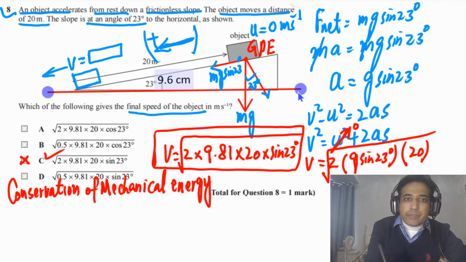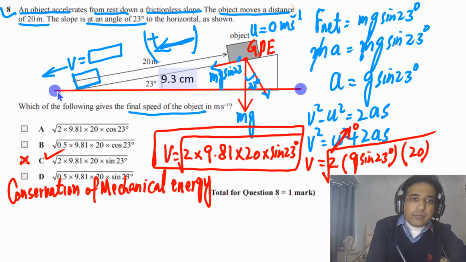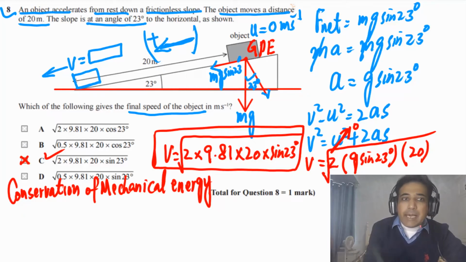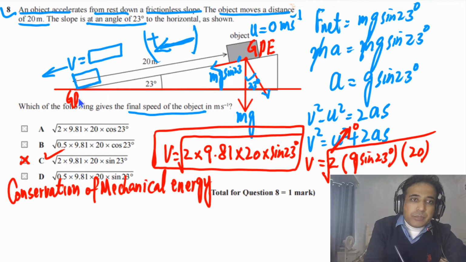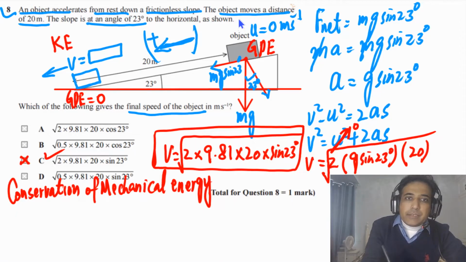So this is our reference line, meaning at this level, GPE is equal to 0. We can say GPE here is equal to 0. So at this point, the object will have kinetic energy, and here the kinetic energy of the object is equal to 0.